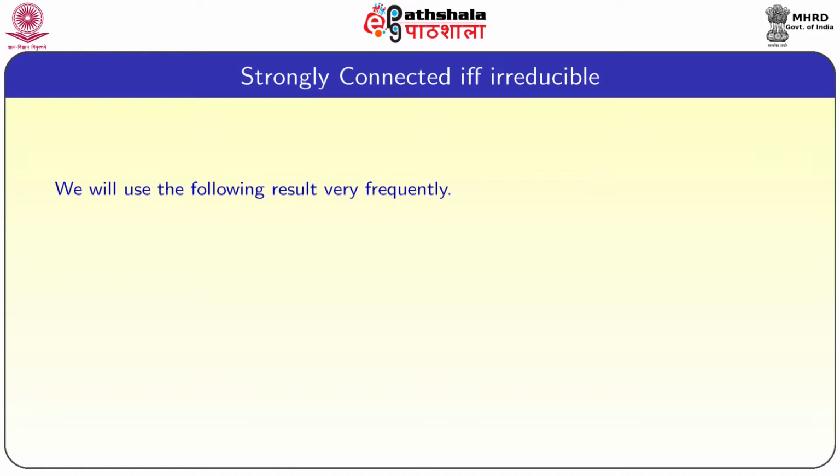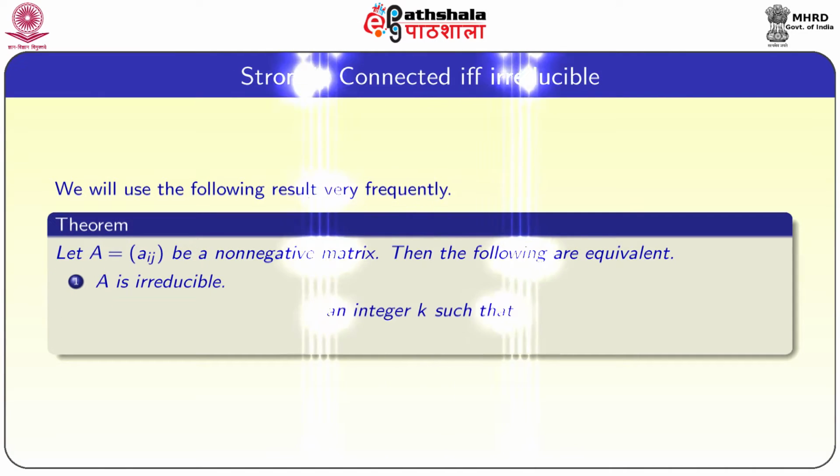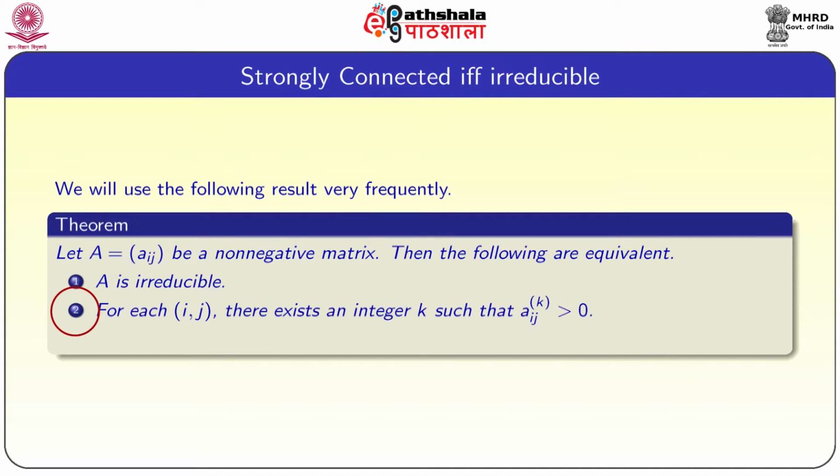Now we are going to give an important result which relates irreducible matrices with a property of a graph, that is, the graph should be strongly connected. We will use the following result very frequently. Theorem: let A equal to (Aij) be a non-negative matrix, then the following are equivalent. First, A is irreducible. Second, for each i,j there exists an integer k such that (A^k)ij is greater than 0.